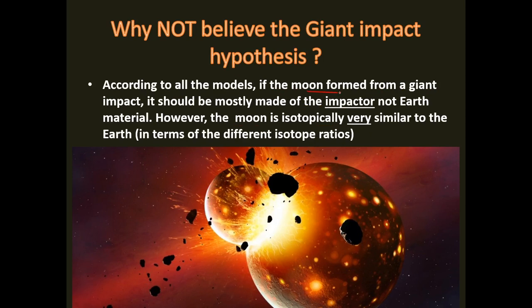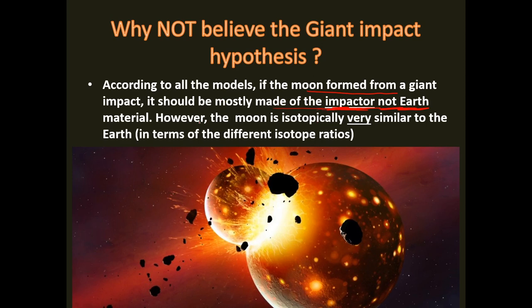Some reasons this does not make sense: according to all the models, the moon formed from a giant impact, and if so, it should be mostly made of the impactor, not of Earth. The whole reason we believe this hypothesis is because we thought maybe it scraped some of the mantle off of Earth. But really all the models say the impactor should be what makes up the moon.